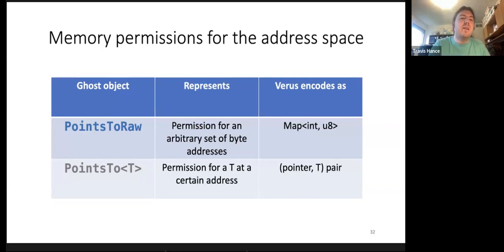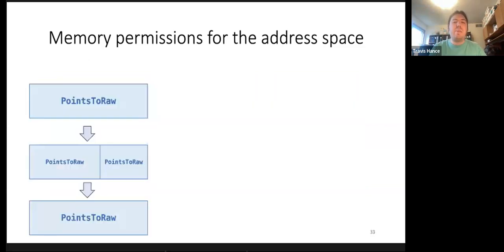And so with this in hand, once we have points to raw, and in particular, once we have this assumption about mmap that it gives you a points to raw object, there are obviously a bunch of ways you could manipulate these objects. If points to raw is representing a particular range, then you can split it up into little parts and join them back together and so on.